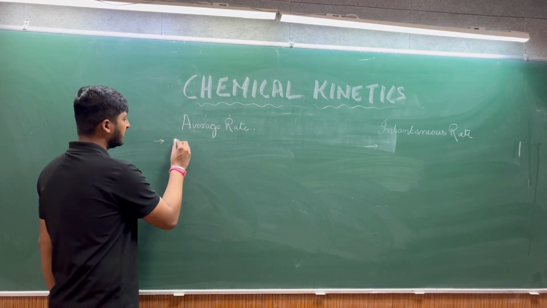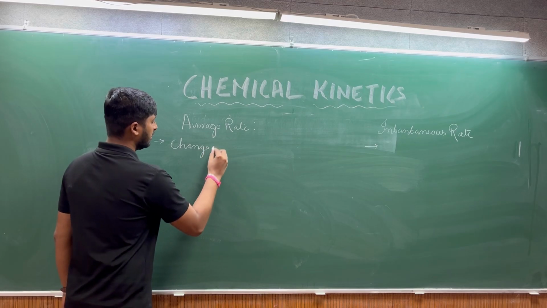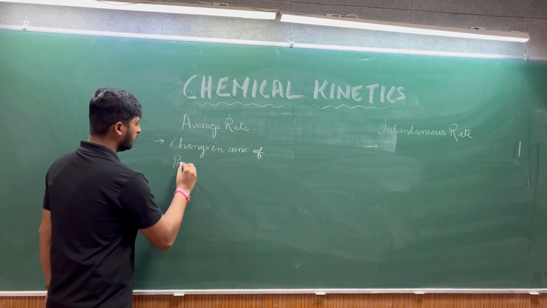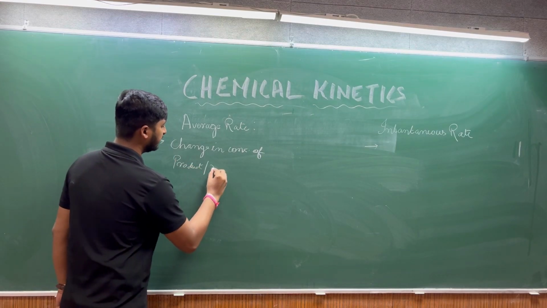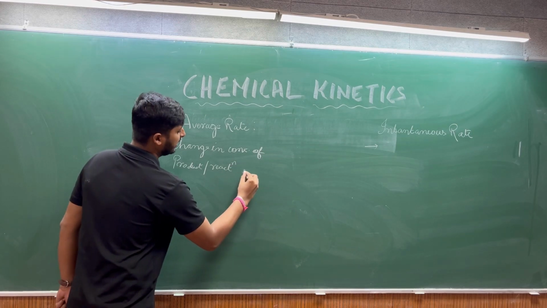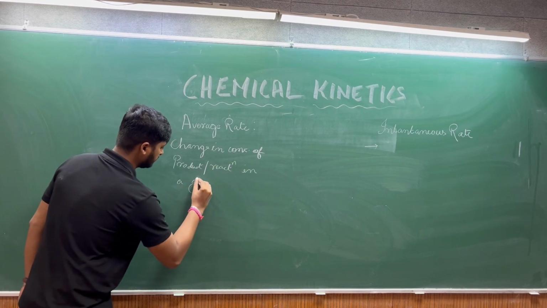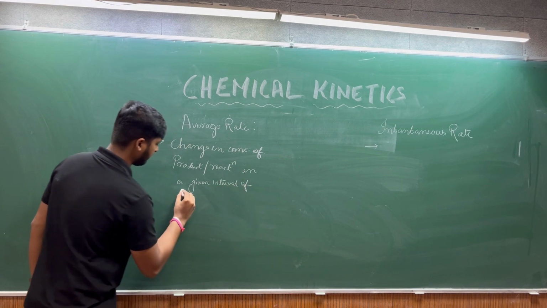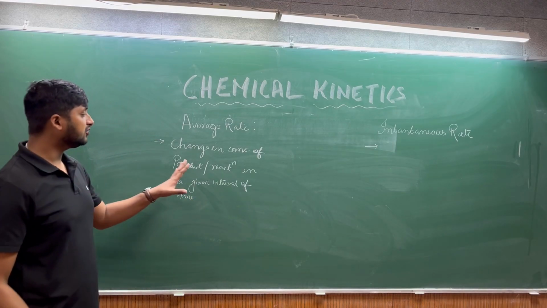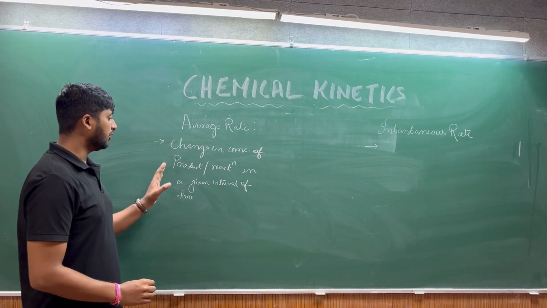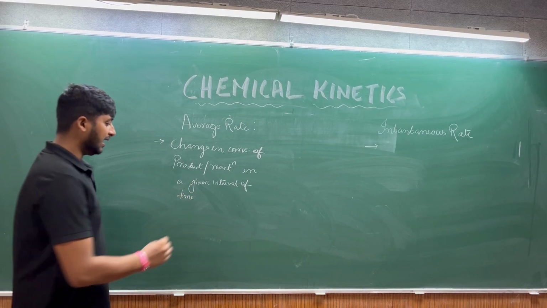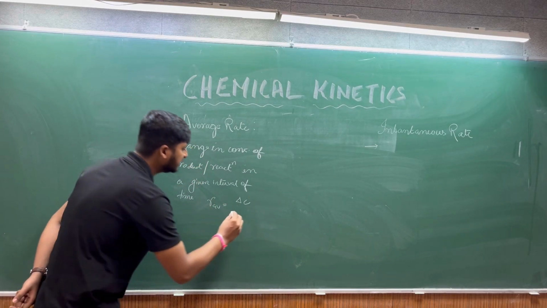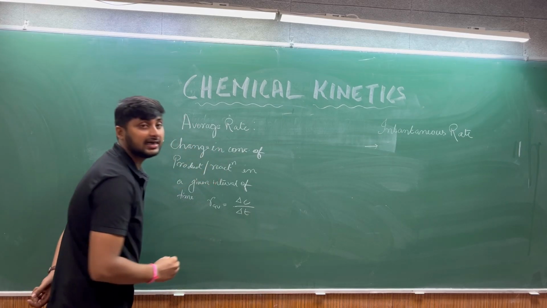So average rate is defined as the change in concentration of product or reactant in a given interval of time, and it is denoted as R average equals delta C, which is the change in concentration, by delta t, that is the time interval.